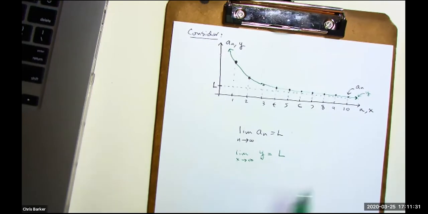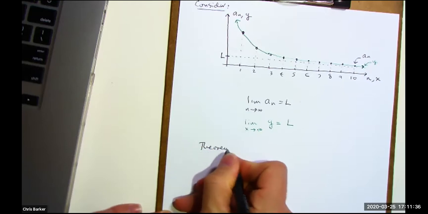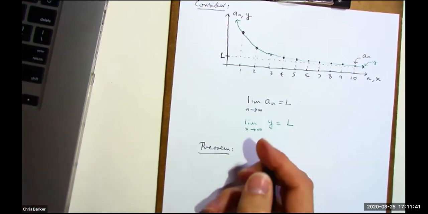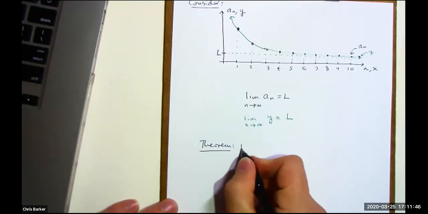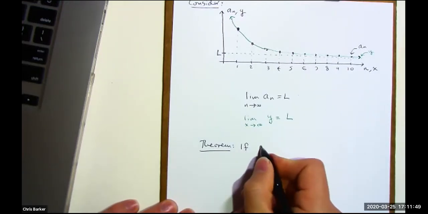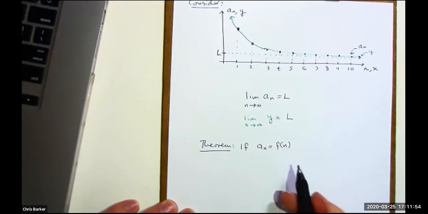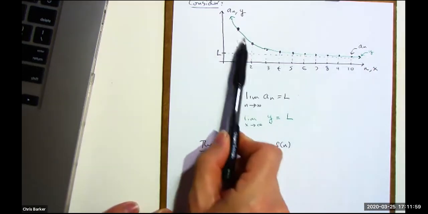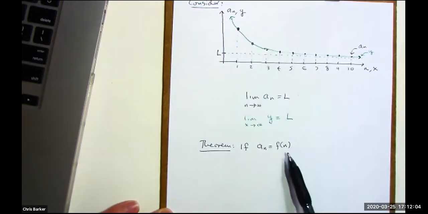Okay? Now this leads us to a theorem. And it's a very common sense theorem. And it basically says the beads have to follow the wire. If you want to use the language of the analogy, the beads cannot help but follow the wire. So let's say it like this. If A sub n is the same as f of n, all right, so what that's saying is the A sub n's, the black dots, have exactly the same value as the green curve at the regular natural numbers.